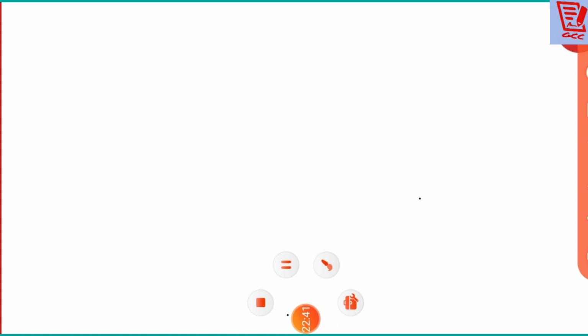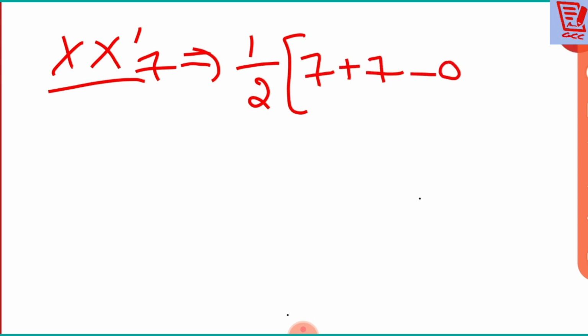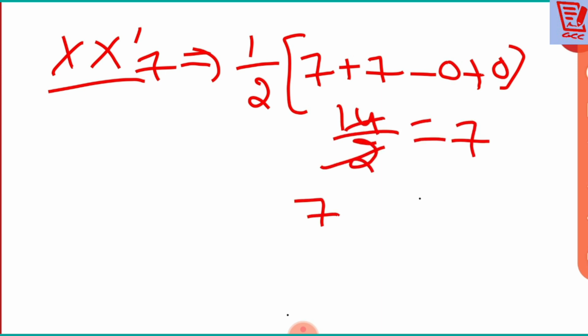Now after that students, we are going towards the last one, that is X dash 7. So the same formula we can apply over there. One half of valence shell electron is 7 plus 7, no cation, no anion. 14 by 2, it becomes 7. 7 minus 7 is 0.